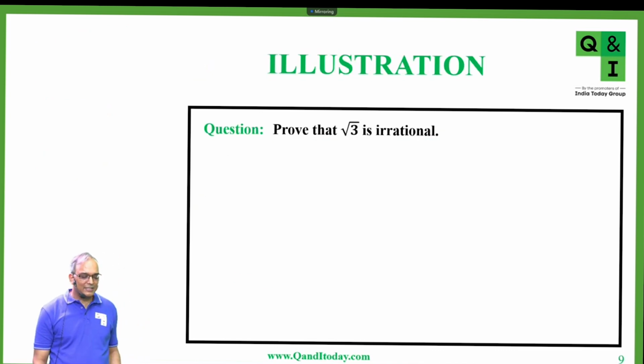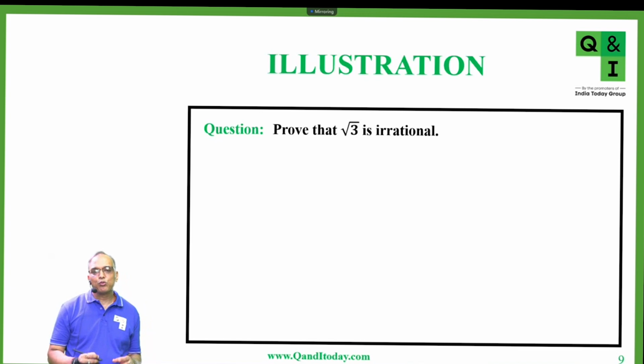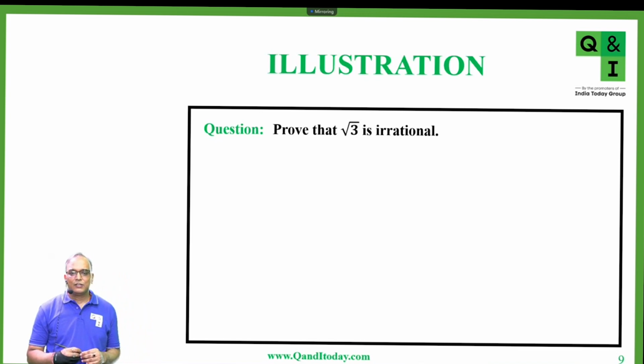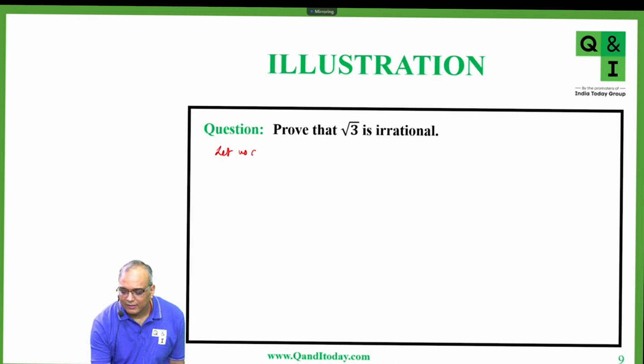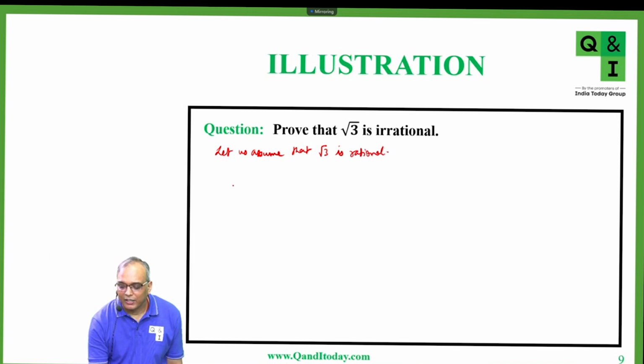Now in this next question, we have to prove that root 3 is irrational. So we'll do it one by one, step by step. The first step was, let us assume that root 3 is rational. Now, if we have assumed root 3 to be rational, we can write root 3 as r by s, where r and s belong to Z, meaning they are integers, and s is not equal to 0.